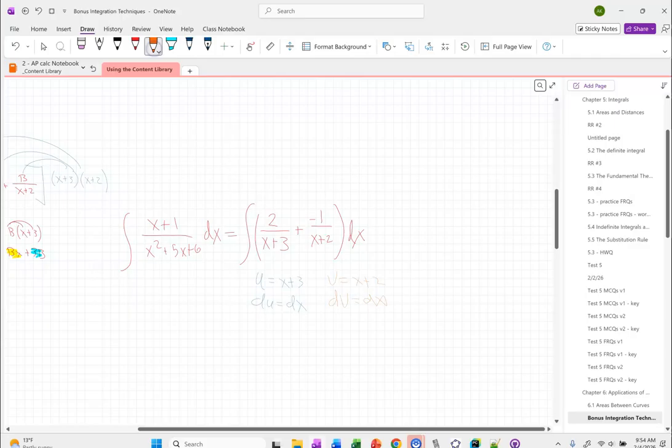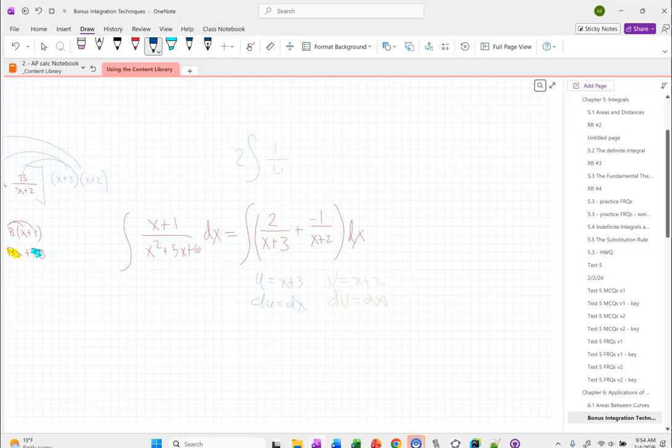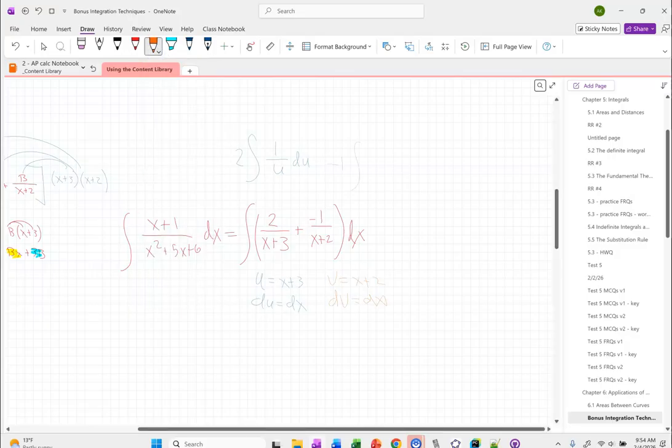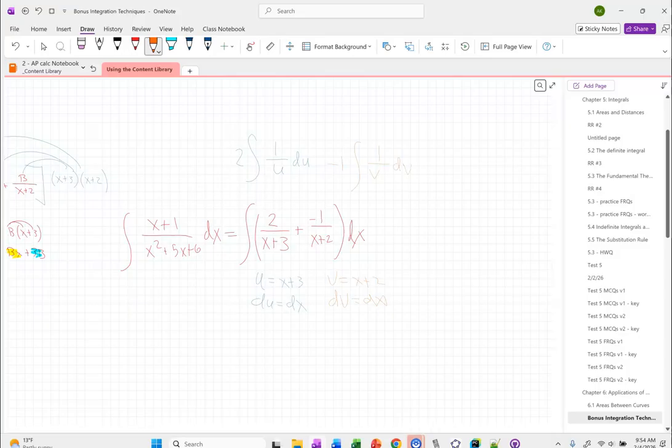So up top here, I'd pull the 2 out, 1 over u du, and then I'll pull the negative 1 out on the other one. I'd have 1 over v dv. So far, so good?